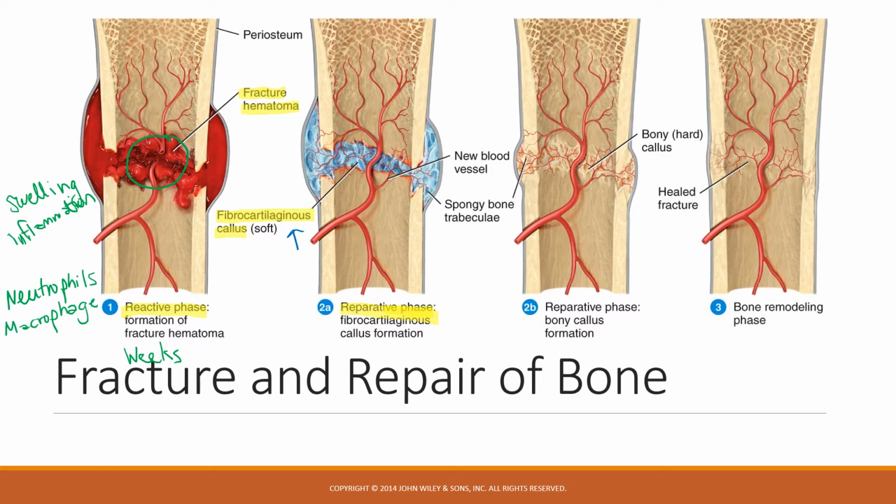This callus is a mass of repair tissue consisting of collagen fibers and cartilage that bridges the broken ends of the bone. So you're going to bridge these two together with this callus. Formation of the fibrocartilaginous callus takes about 3 weeks.